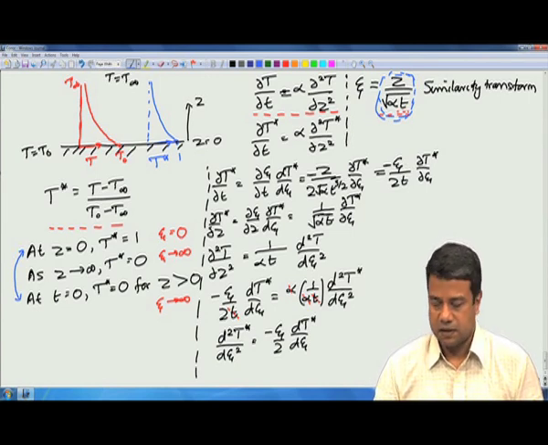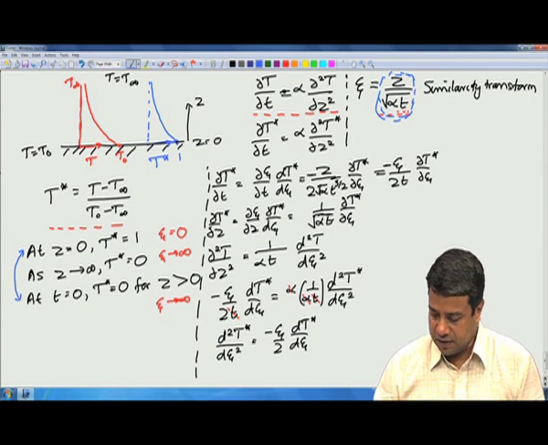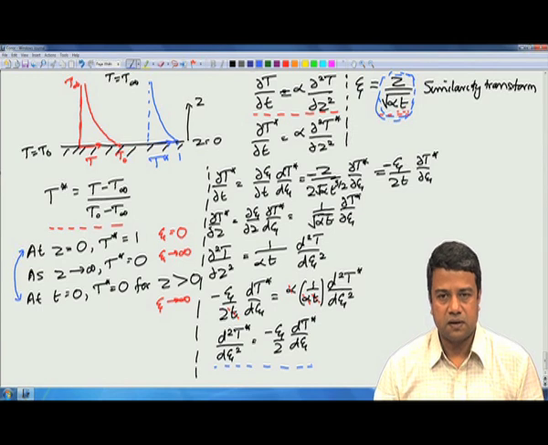We had expressed the temperature in terms of psi alone and put it into this equation, and the final equation that we get is only a function of psi. It does not depend individually on z and t.